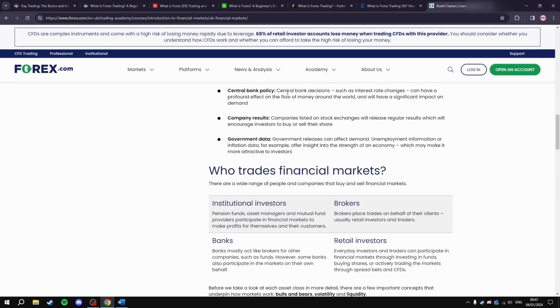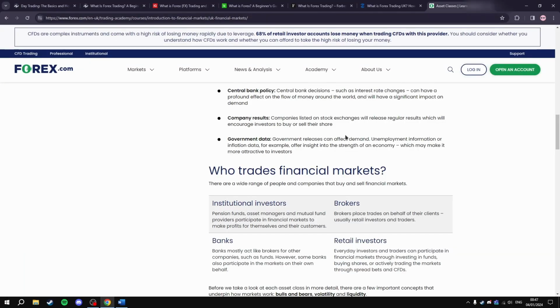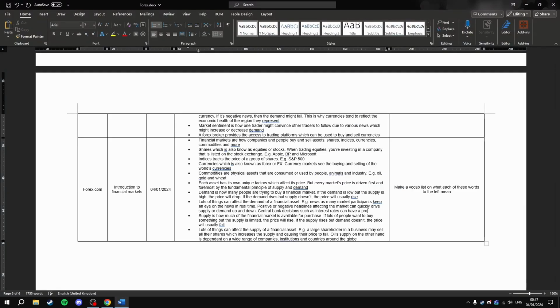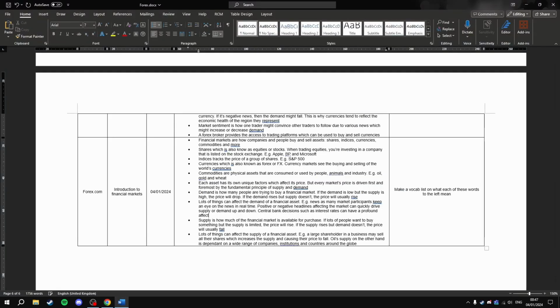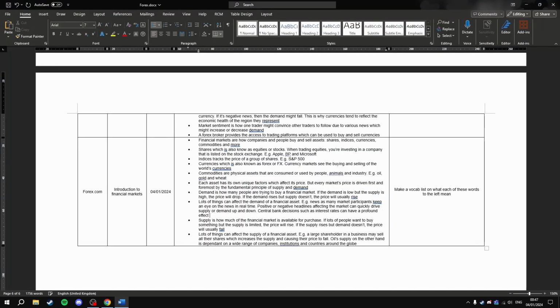Central bank policy. Central bank decisions such as interest rates can have a profound effect on the flow of money around the world.